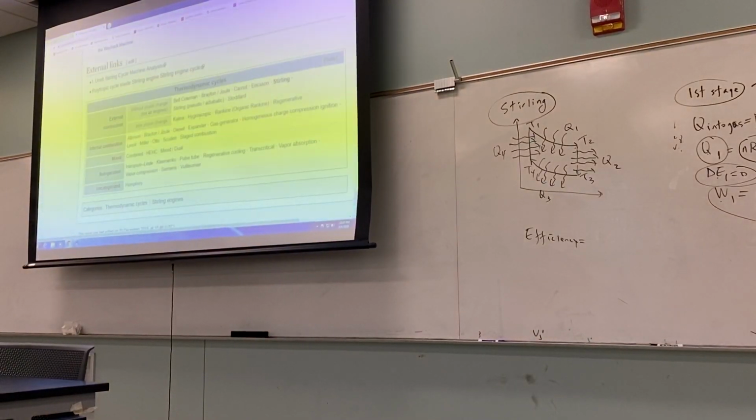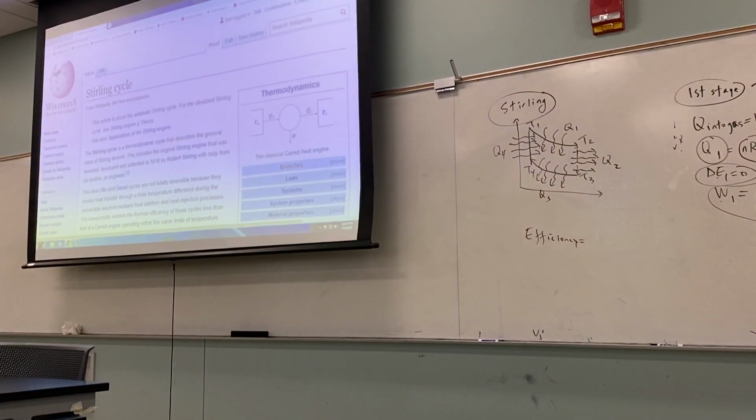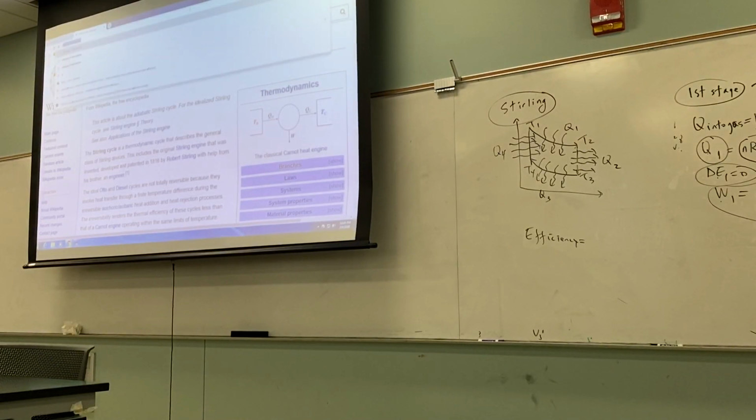Okay, it's kind of the efficiency. What is the efficiency? Efficiency of a Stirling engine.